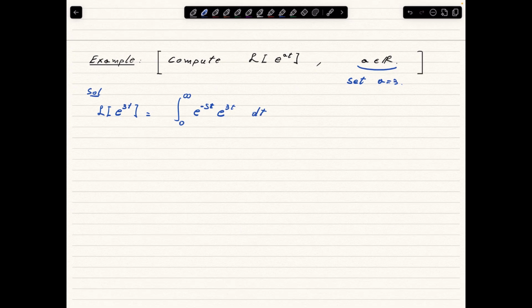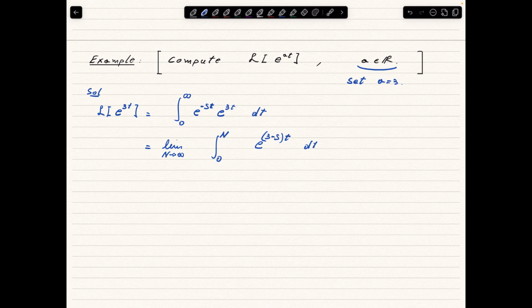And when we say integral to infinity, what we mean is the limit as N goes to infinity of the integral up to a finite value, 0 to big N. And here we can use the property of the exponential and start rewriting this as the exponential of (3 minus s) times t dt. So it's just one single exponential.